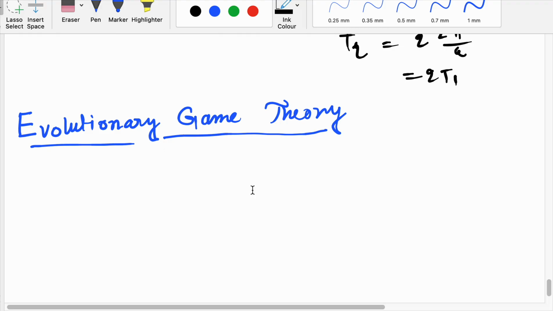If I go back to those evolution models, we always considered fitness, meaning the number of offspring or the rate of reproduction, to be constant. But evolutionary game theory introduces fitnesses that are not constant. Up to now, whatever we studied, the fitness was constant.